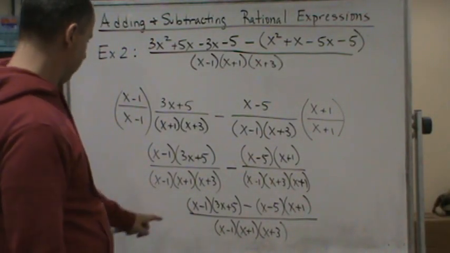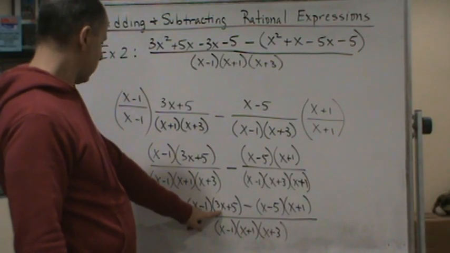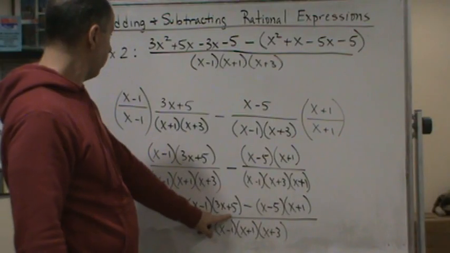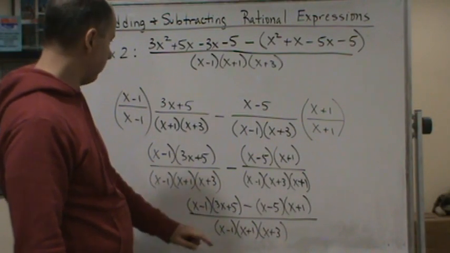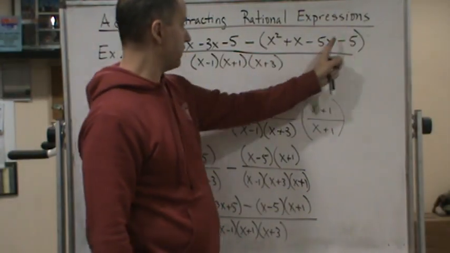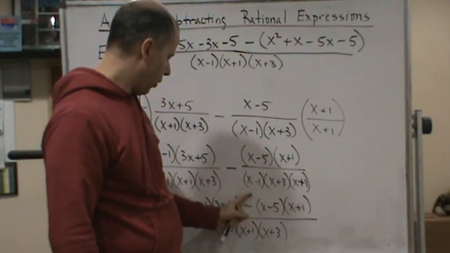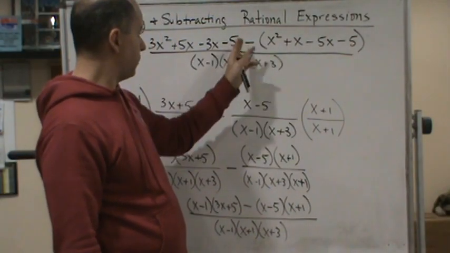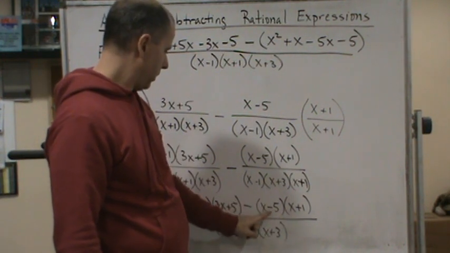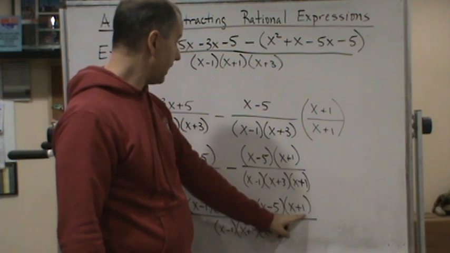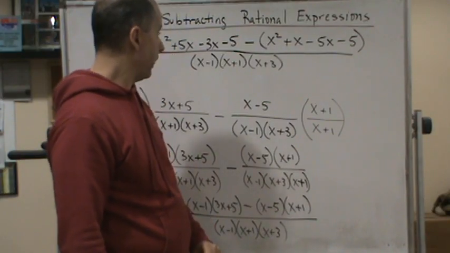Let me just double check, make sure I didn't make any mistakes. So this is 3x squared, 5x minus 3x minus 5, and then minus. Notice I put parentheses around this whole thing because I'm subtracting the whole thing. So don't want to just forget that. So that's x squared plus x minus 5x minus 5.